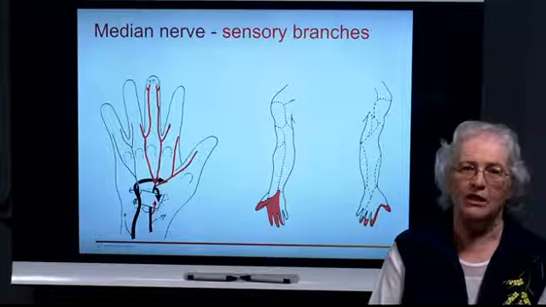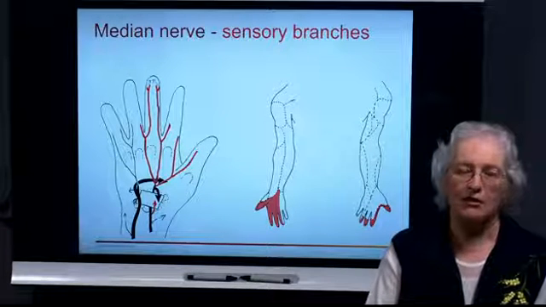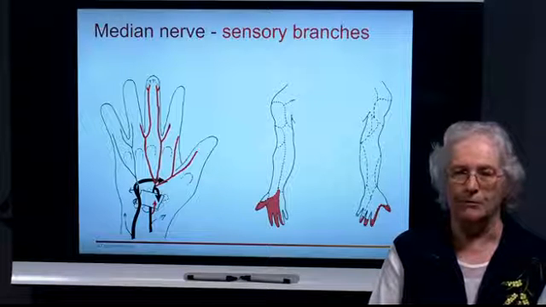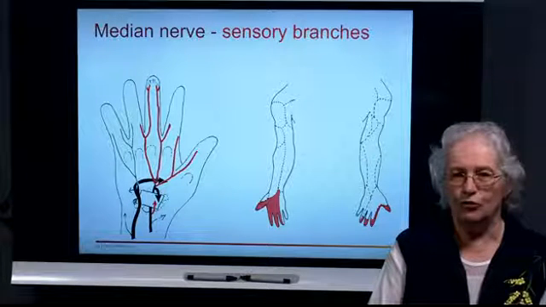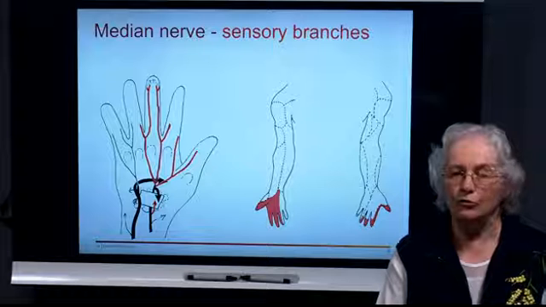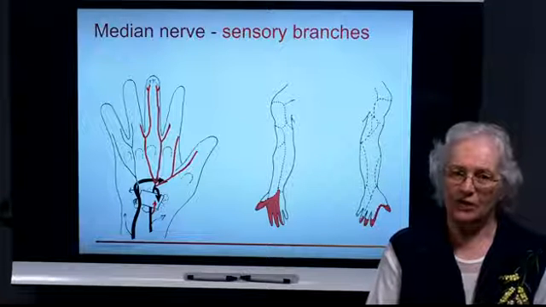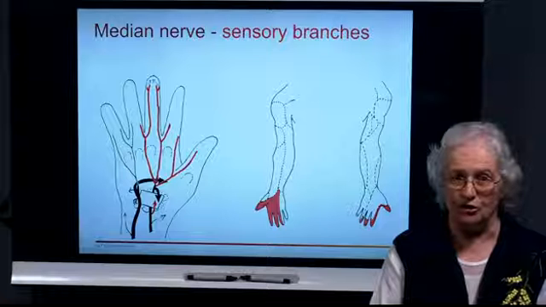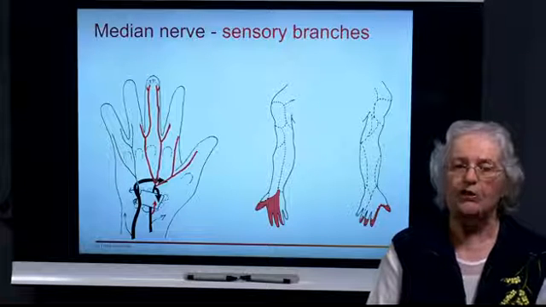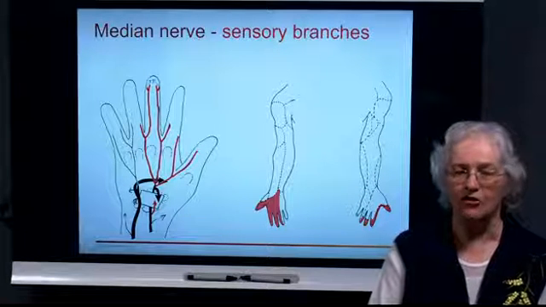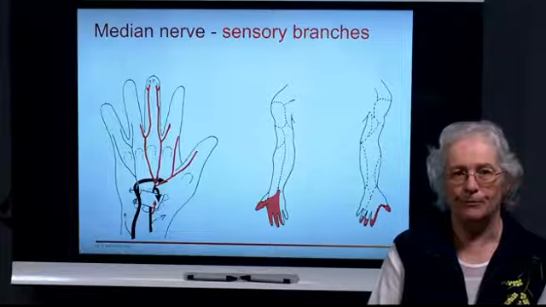So we have the area coloured in here that the median nerve supplies on the palm, so most of the palm. If you go to the dorsal surface, the median nerve will also supply the first web space and the nail beds of those digits. So median does a lot of the sensory innervation of the palm of the hand and some of the dorsal surface.